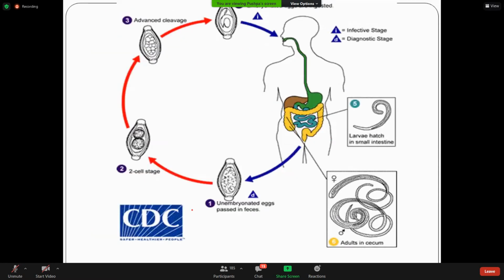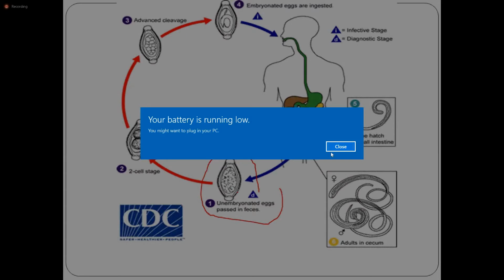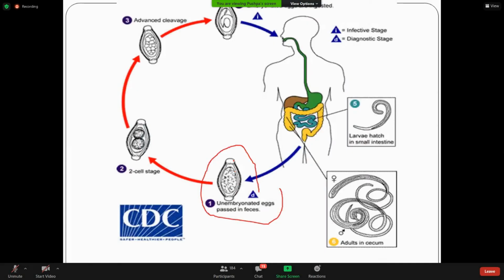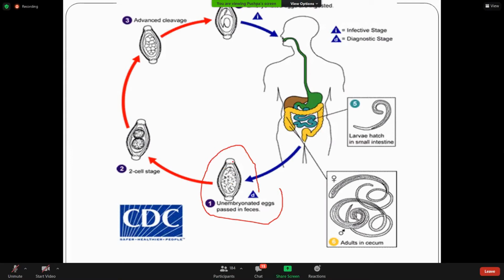Okay, so here you can see the diagnostic stage is this: unembryonated eggs are passed, which is the diagnostic stage. You can appreciate that this is a barrel-shaped egg having two mucus plugs on both the ends.